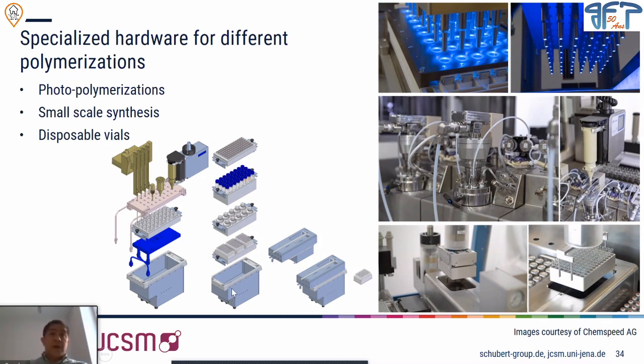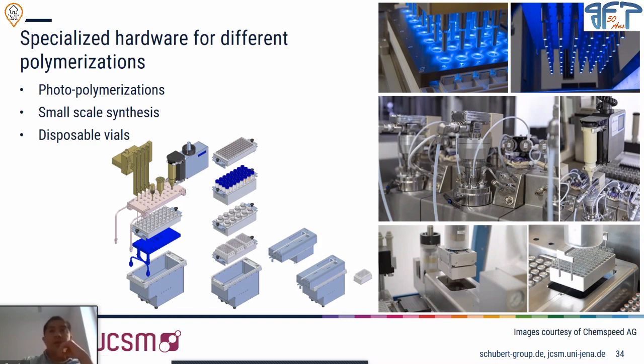Some disposable vials, if you are not very keen to wash the glass reactors I showed you before, basically just buy one of these, disposable vials. You can store your libraries or your samples here. And if you do a new experiment, basically you just take a new bag and perform it. Some small-scale synthesis as well. You can go for libraries in the range of microliters, let's say 100 microliters, like that.